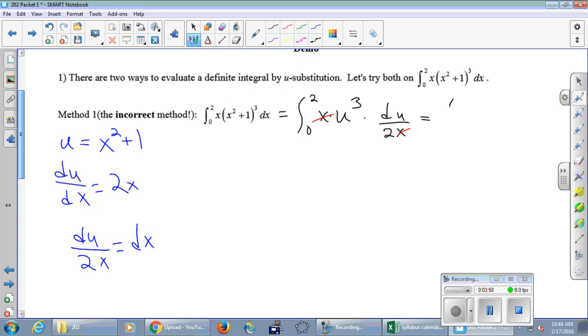So I'll just rewrite it 0 to 2, u cubed du. And that's great because that's an easy antiderivative, right? Add 1 to the power, divide by the power. Oh, the du wasn't done. Let's see, du over 2. Thank you. So there's a 1/2 in the front.